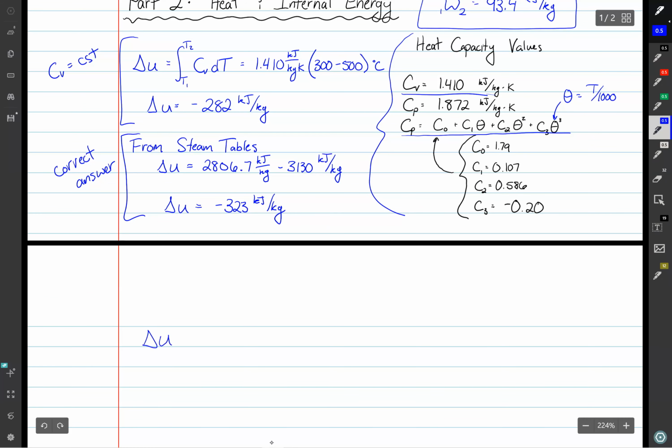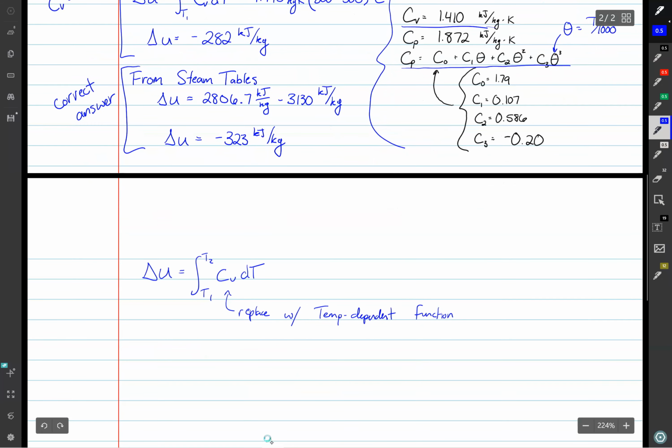the exact same equation. Delta U equals the integral from T1 to T2 of Cv dT. But now Cv we have to replace with the temperature dependent function. So it's not a single value, it's now a function.